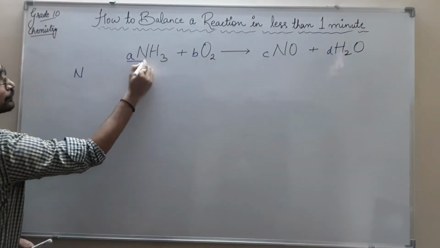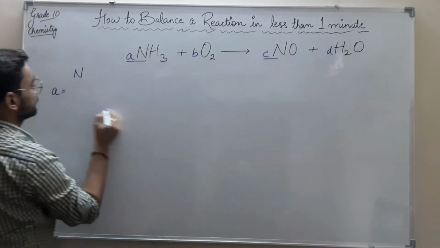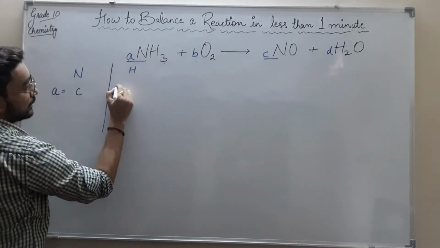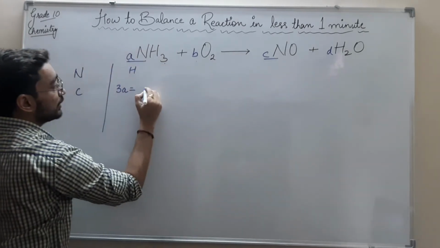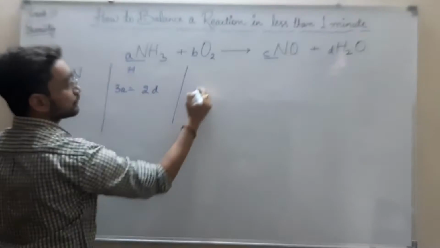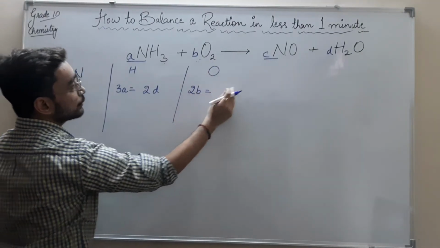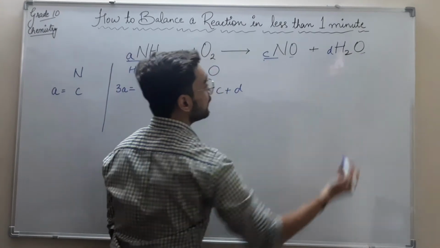N: A is equal to C. H: 3A is equal to 2D. O: 2B is equal to C plus D.